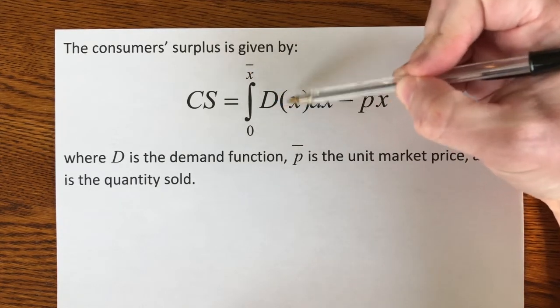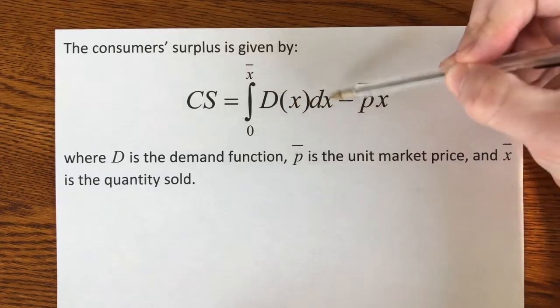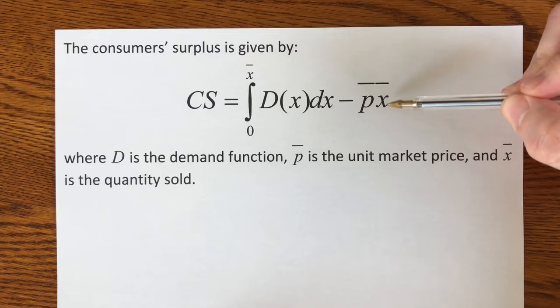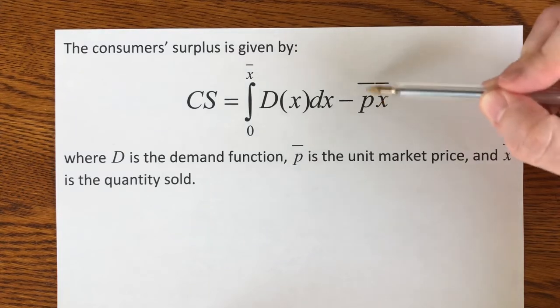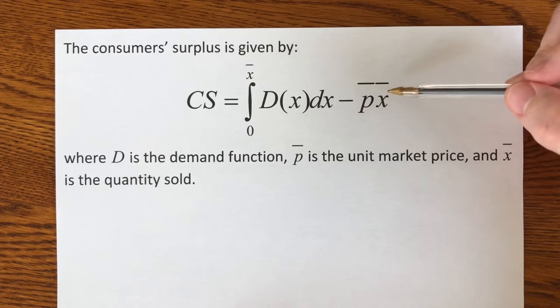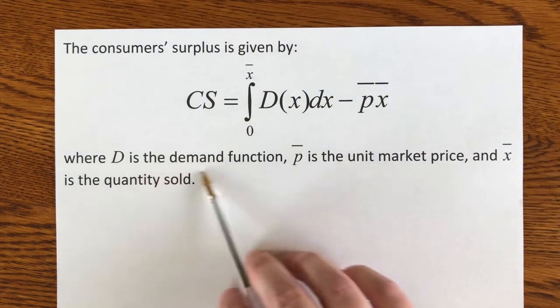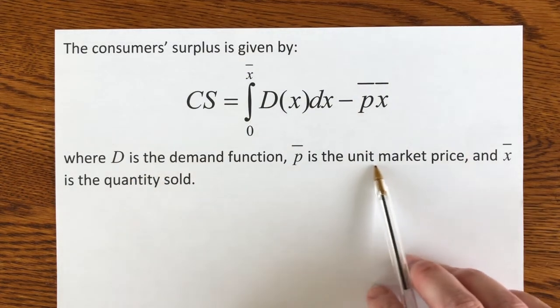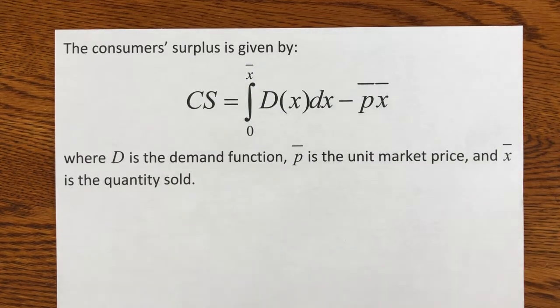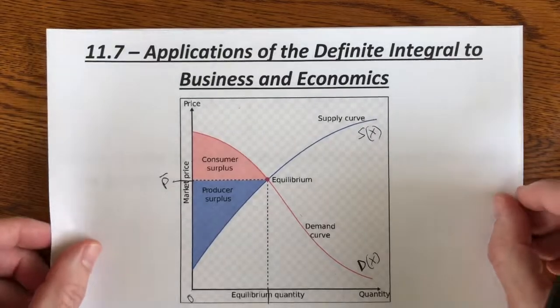The demand function with respect to X. And then what are we going to do? We're going to subtract off P bar times X bar. All right, this is representative of the area of a rectangle. Okay, so again, D is the demand function, P bar is the unit market price, and X bar is the quantity sold.